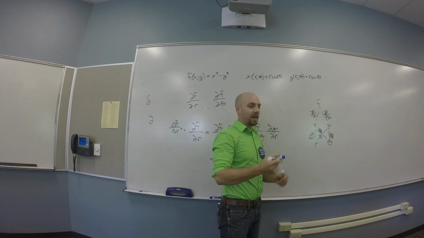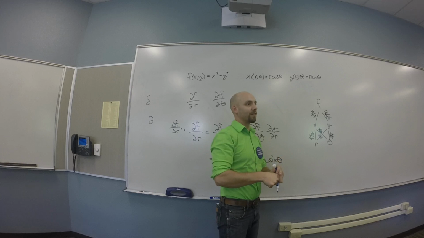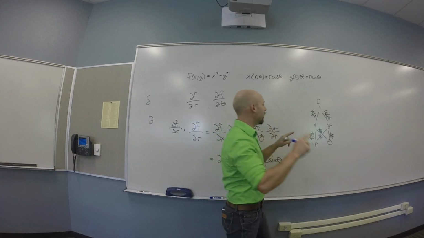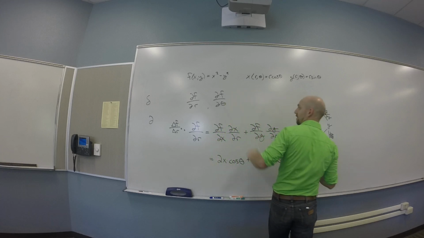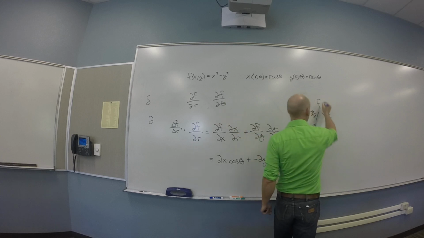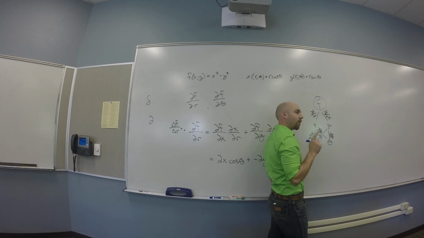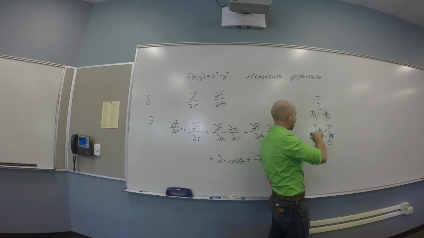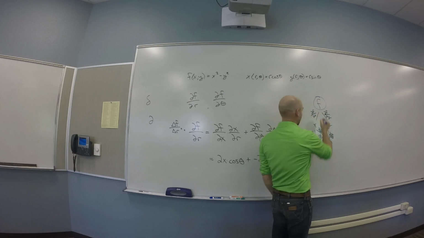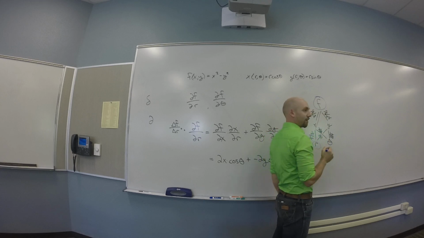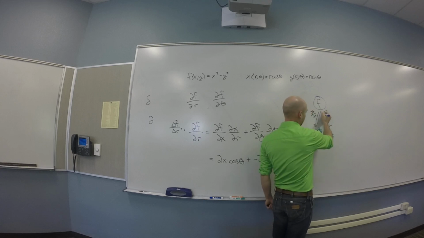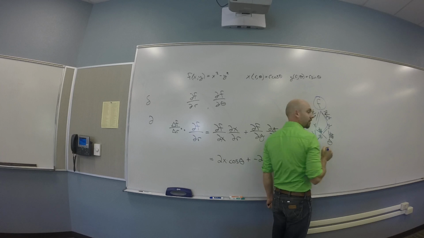These diagrams get messy if there's lots of things. But all you need to do is find all the paths to get your partial of F with respect to R. Take F, take R in your diagram, and find all the paths that get you from F to R. That's one, and another one is that.